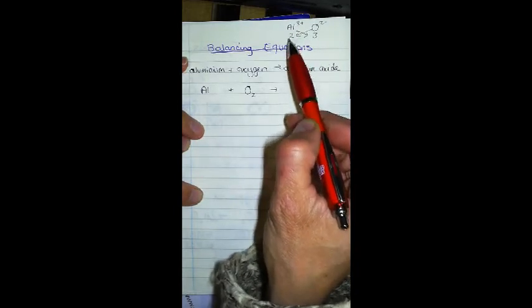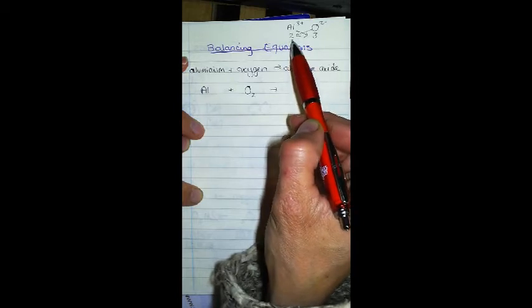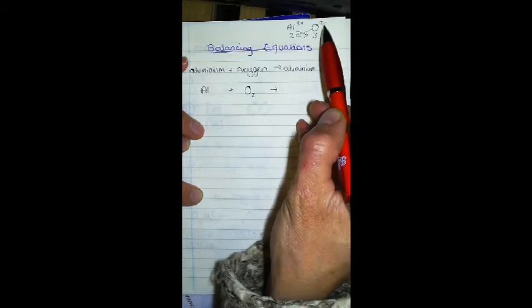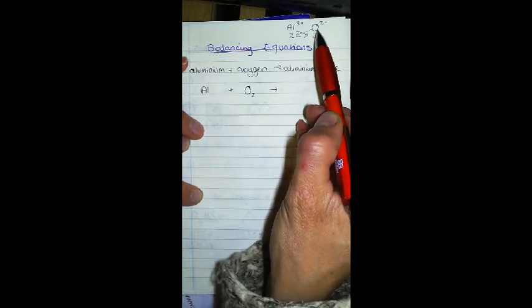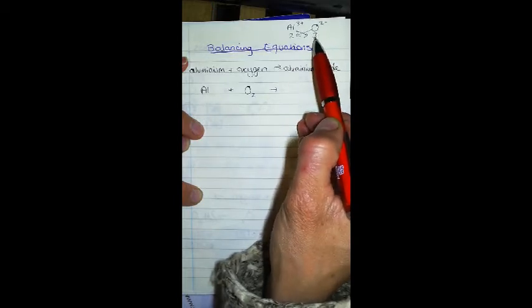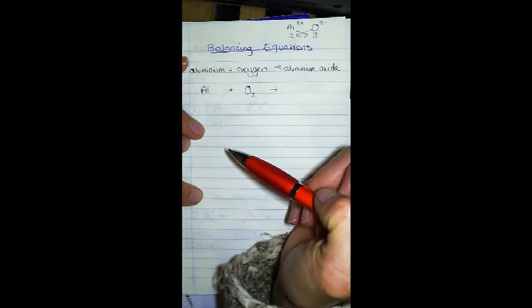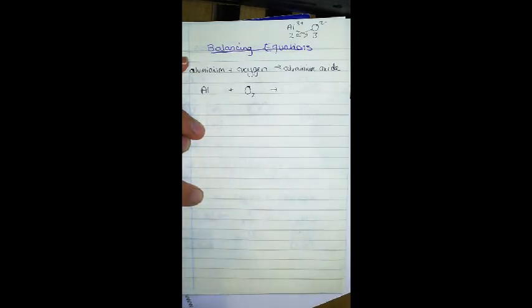So what this tells me is I need 2 aluminiums. Now they're going to give away a total of 6 electrons. Each oxygen can pick up 2 electrons. If I have 3 oxygens, they can pick up a total of 6. So it's like cross multiplying that you would do in maths to get the same denominator.